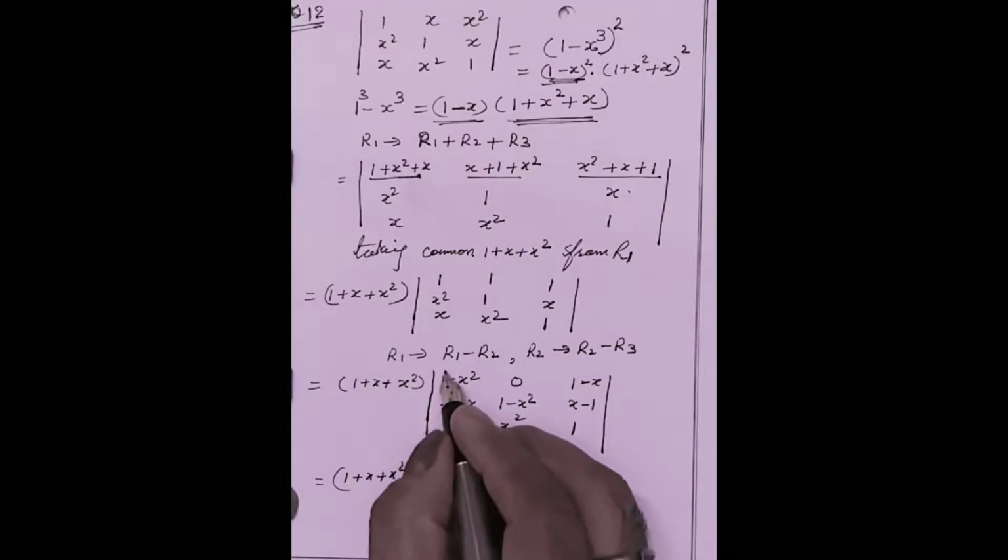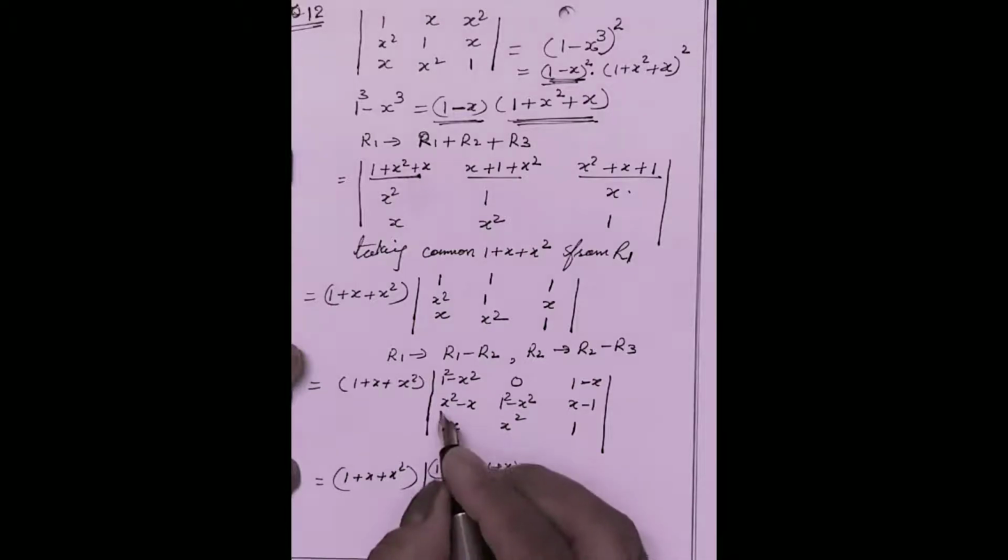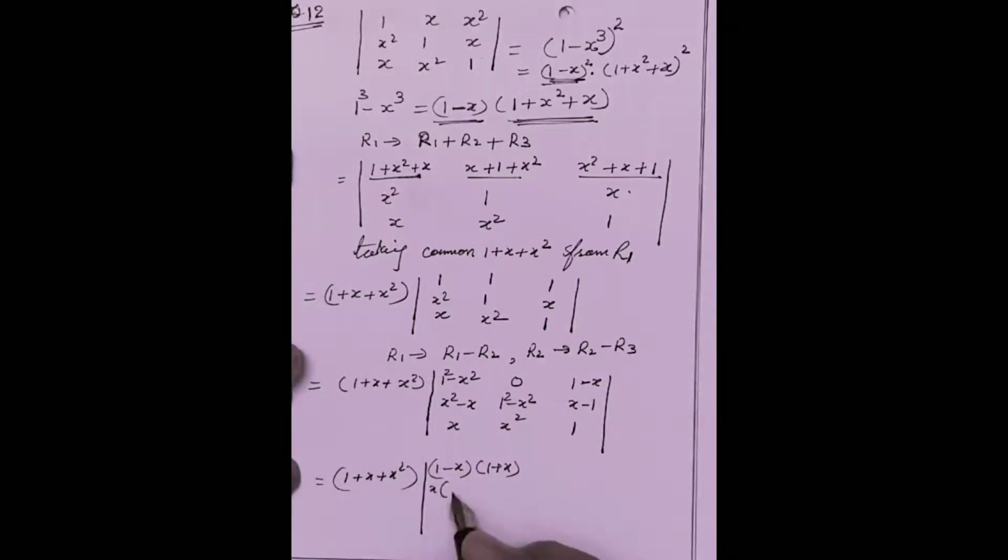Now 1 plus x square is outside. Same, a minus b into a plus b, here also, here also. So what will happen? 1 minus x into 1 plus x, here x common, so we will have x minus 1 and x 0, again here a square minus b square.